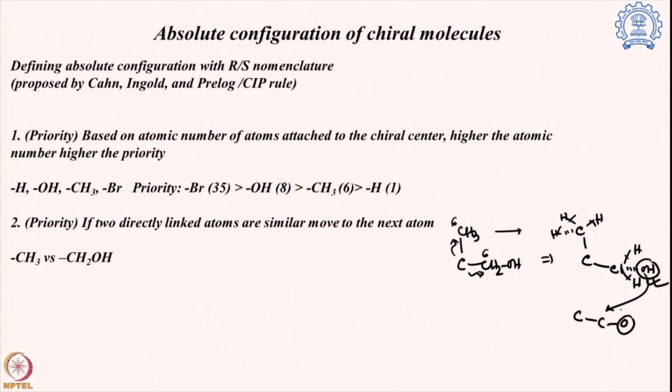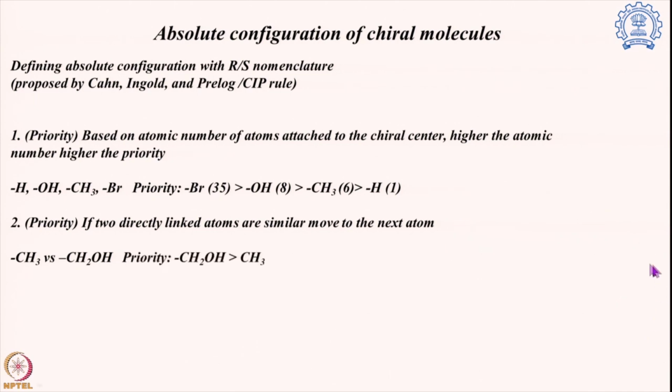So the first position was unable to differentiate the prioritization, and the next one actually allowed us to do that. So over here the CH2OH group has the highest priority because of the oxygen with atomic number 8.